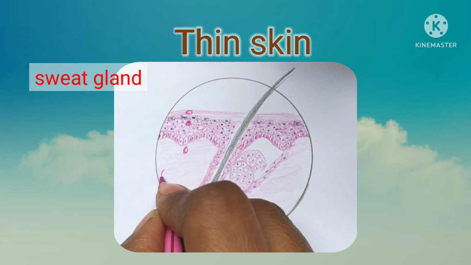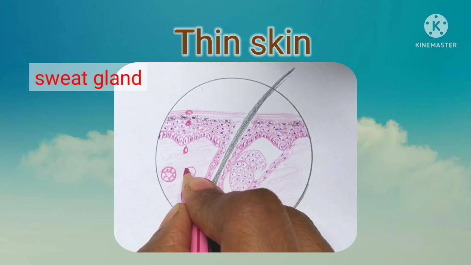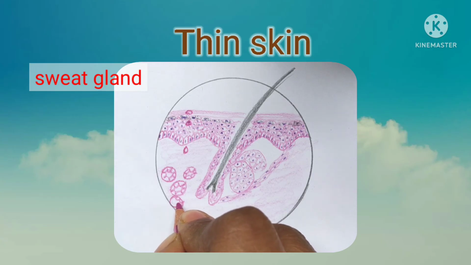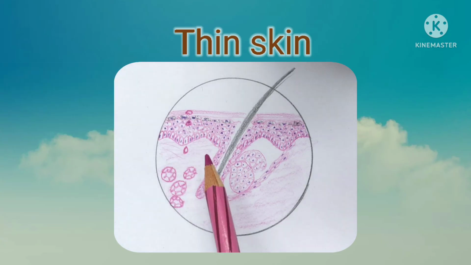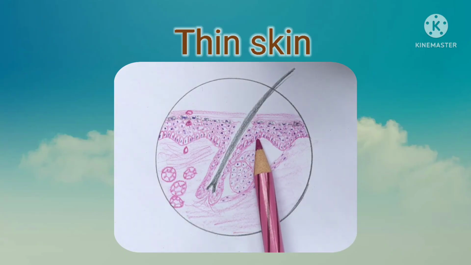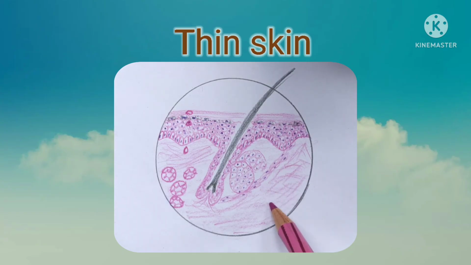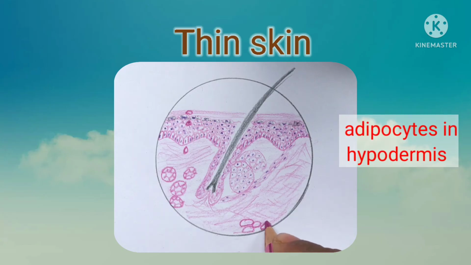You also have to write the sweat glands. Similar to the thick skin, we have a secretory part and a conducting part. At least one set of secretory and conducting part you should write, one below the other, with the secretory part below the conducting part. The dermis is made up of dense irregular connective tissue. So show the irregular fibers running there, and also the hypodermis, which mainly contains fat.